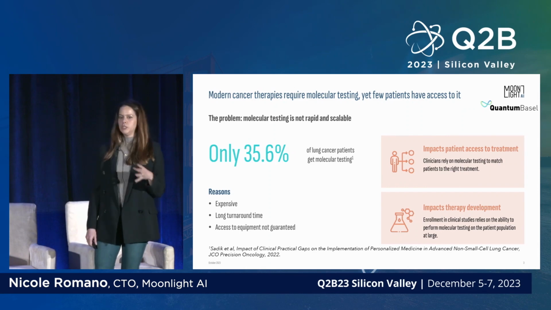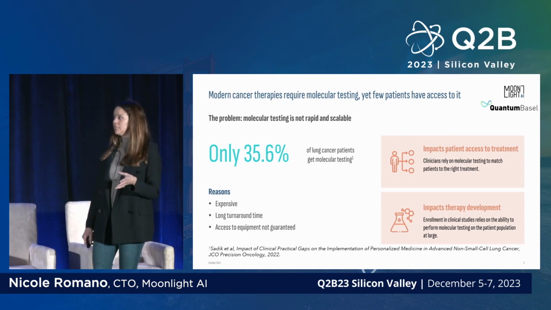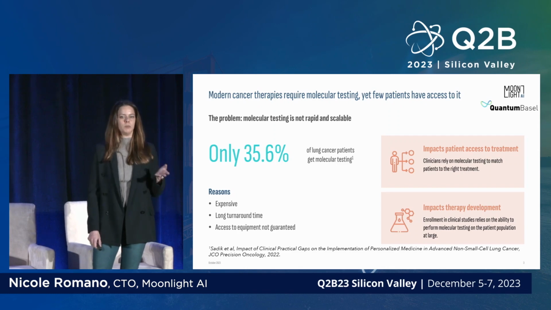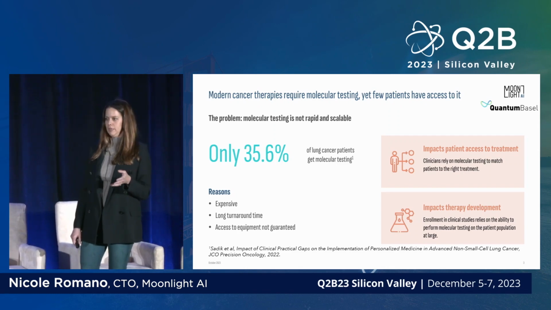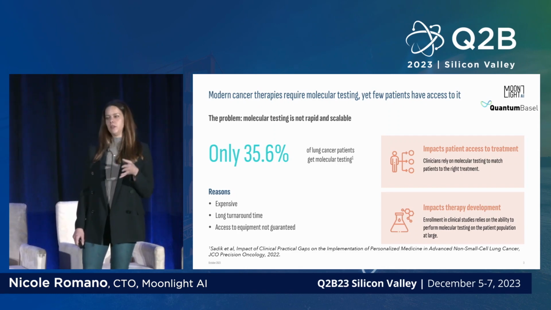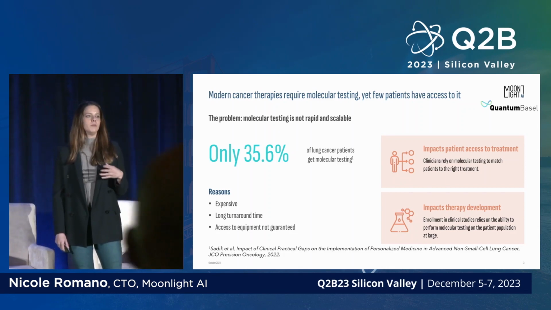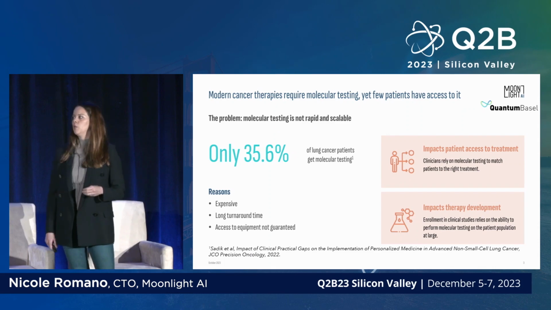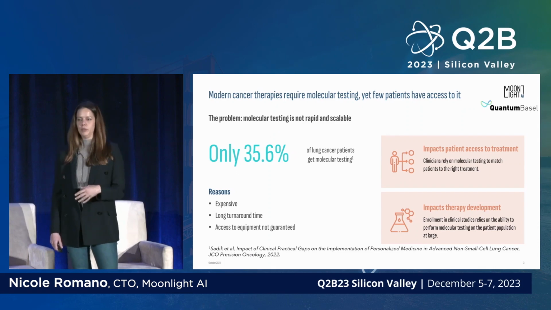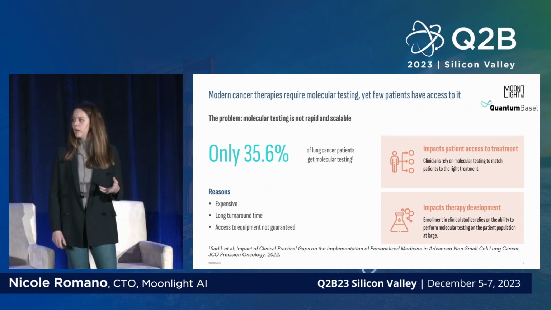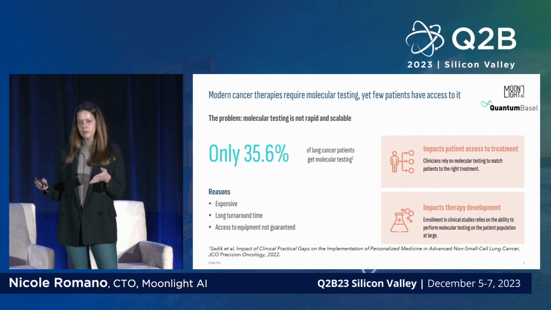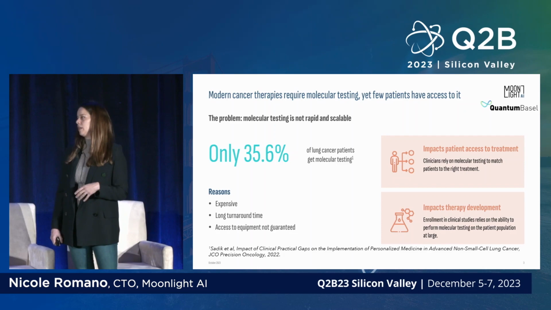Just to underscore this idea with a statistic, if we look at lung cancer, which is the poster child for precision medicine, in the US, only a third of lung cancer patients are getting access to molecular testing. Some of the reasons cited were that it's very expensive, both in terms of personnel and hardware. There are long turnaround times where you are delaying the patient's treatment until you find out what treatment they're eligible for.